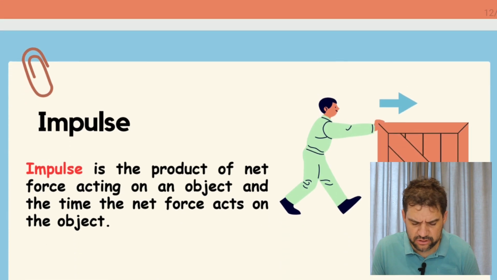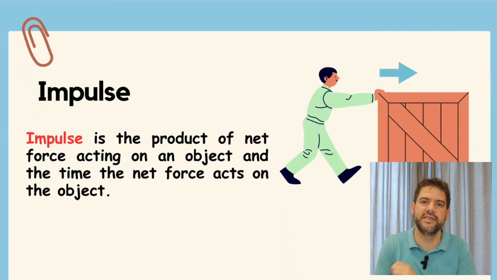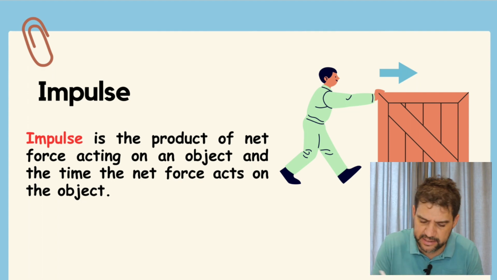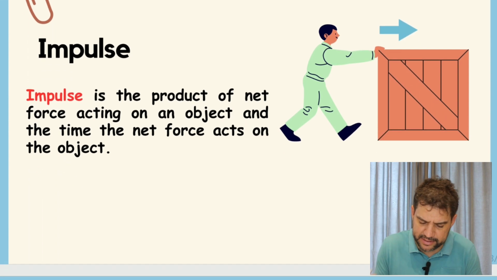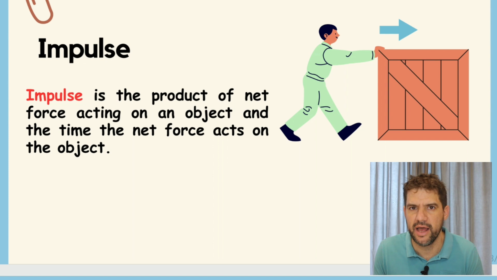So now let's go to the new definition, which is the impulse. Now, impulse, another very easy definition you're going to be doing, is the product of net force and time. So impulse is the product of net force acting on an object and the time the force is acting on an object.